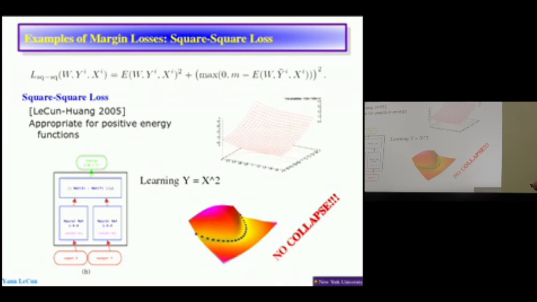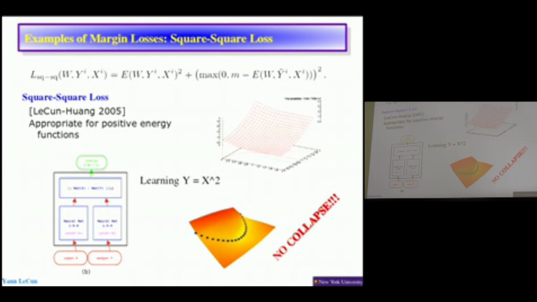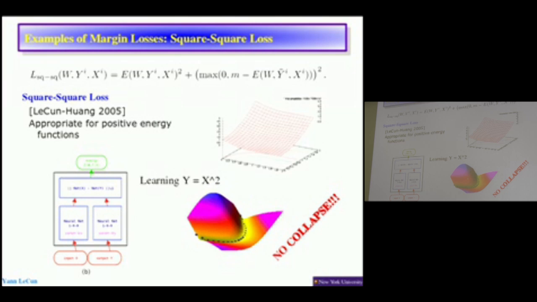And here, I defined the most offending incorrect answer as something near one of the beads at some distance away from it. And so what it does is that it pushes down on the energy of the blue beads, and it pushes up on the energies of points that are some distance away from the blue beads.